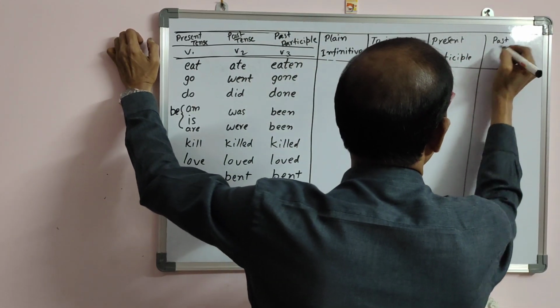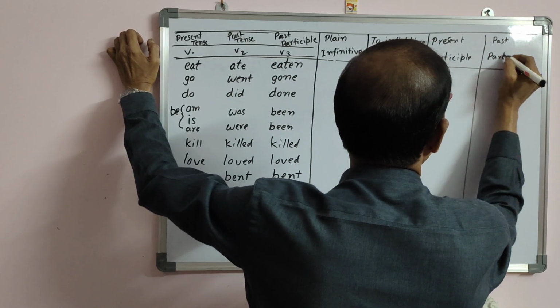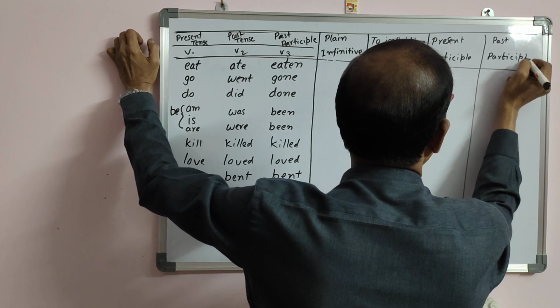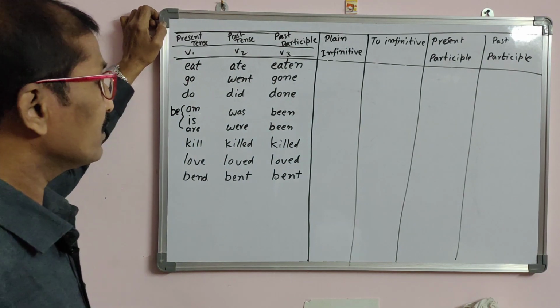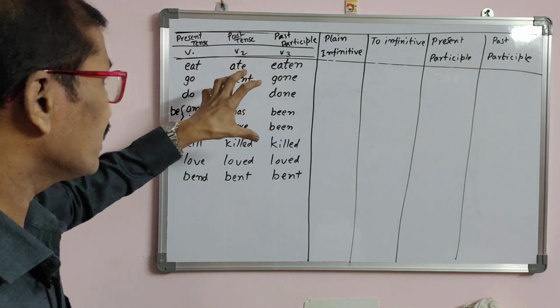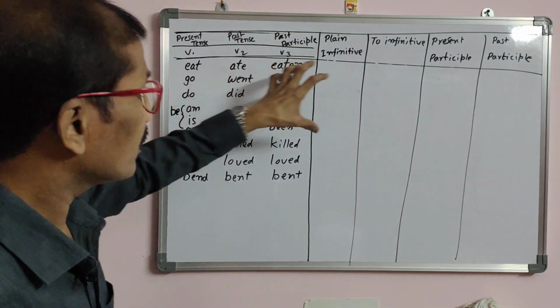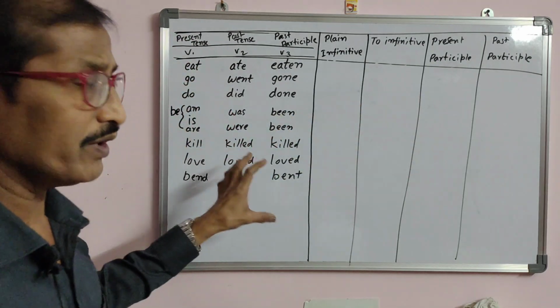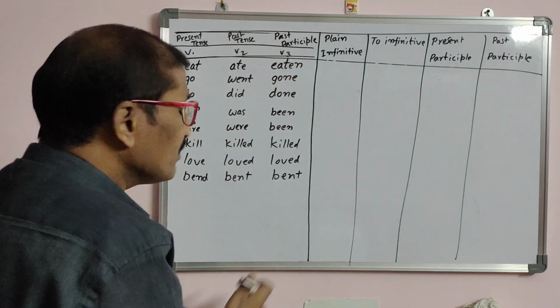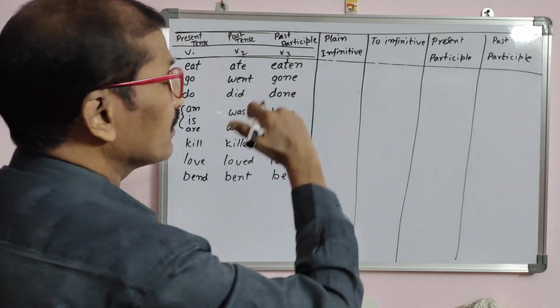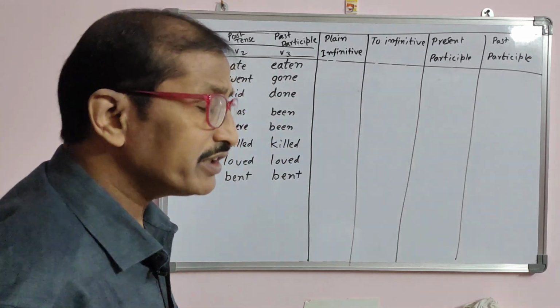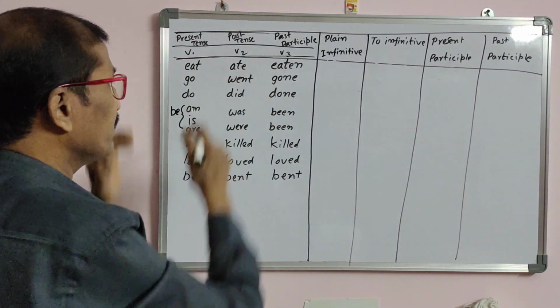Past participle. Understand, my dear? I again say that these are other forms of the verb. These are the main forms of the verb. After writing them, you can understand that they are very important and they are the main.